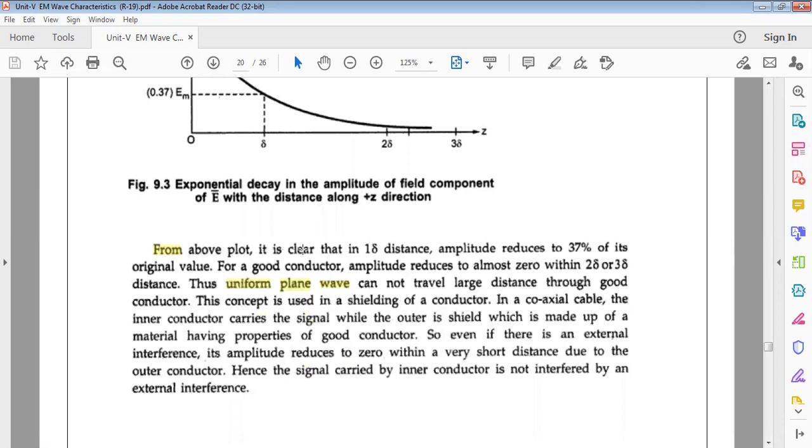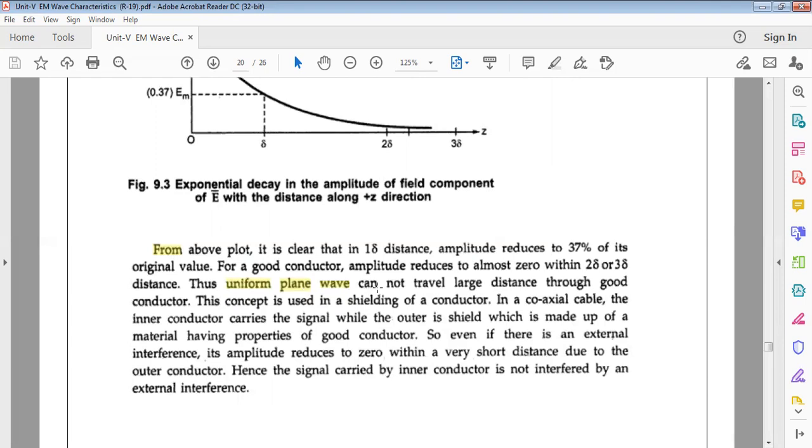From the above plot, it is clear that at 1 delta distance the amplitude reaches 37% of its original value. For a good conductor, the amplitude reduces to almost 0 within 2 delta or 3 delta distance.